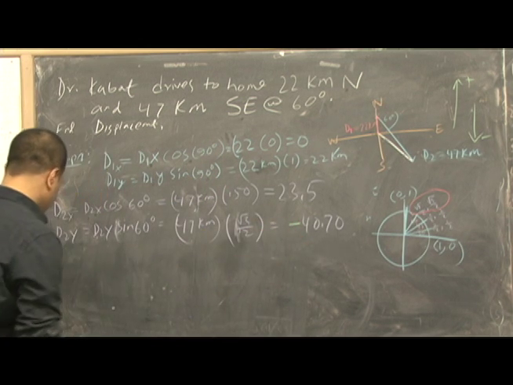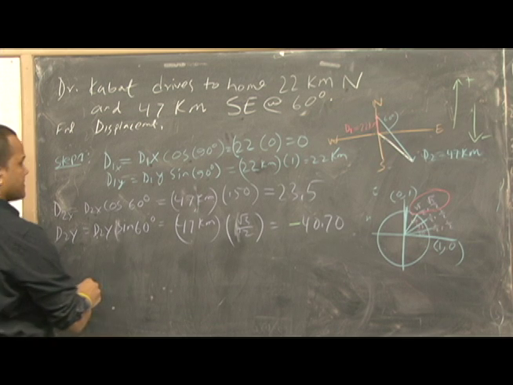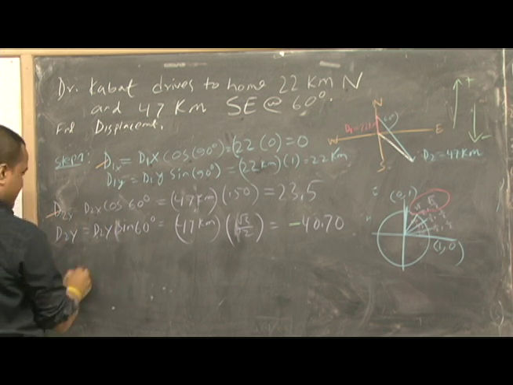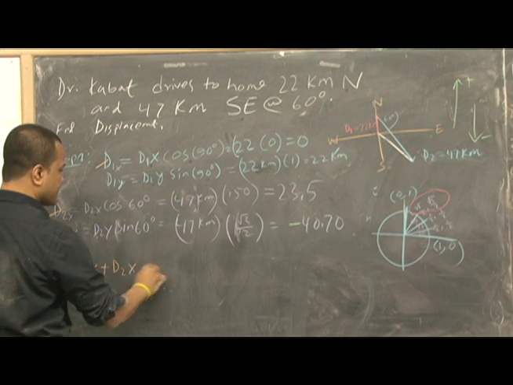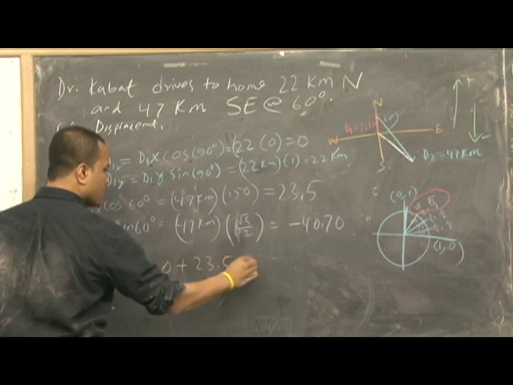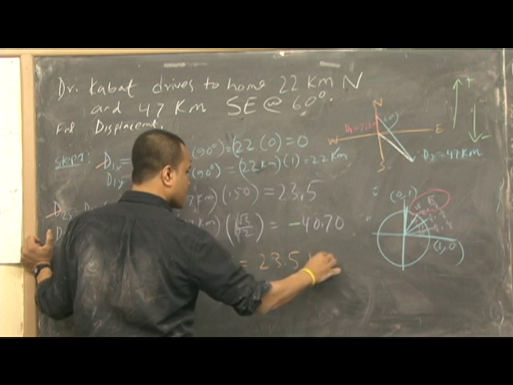All right. So step 3, we're almost there. Step 3 is simply D1x plus D2x, which is 0 plus 23.5, which is 23.5 kilometer.